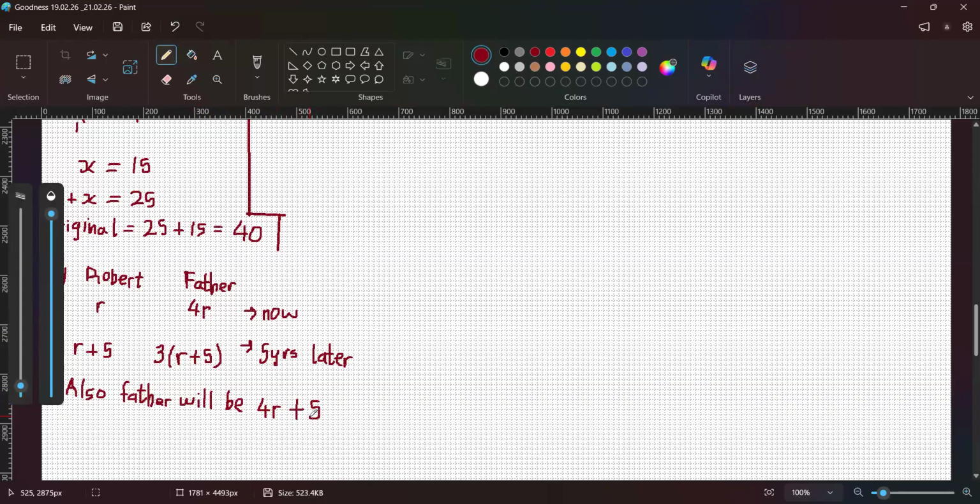So the question has told me that in 5 years' time, the father is 3 times older than Robert. But we too have made our own deduction. Take note of this: it's our own deduction. The question did not tell us this. Deduction is usually a decision you come to after making some judgment.